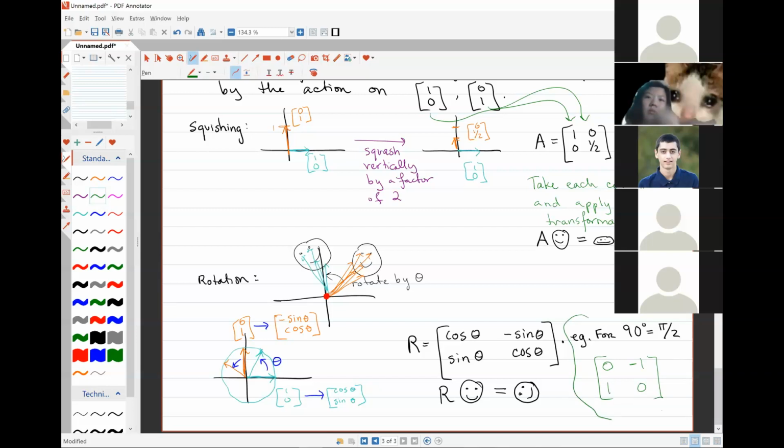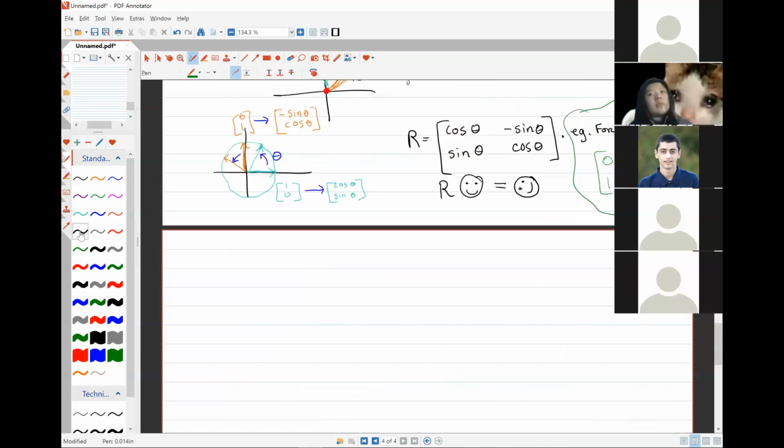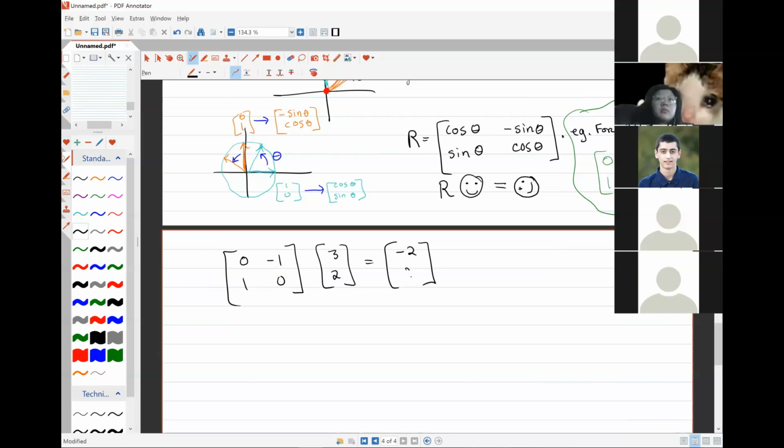All right, so if we use that matrix on a vector, we'll see that it'll rotate it by 90 degrees. So let's take this matrix 0, minus 1, 1, 0, and multiply it by, say, 3, 2. Well, if I multiply this by 3, 2, I'm going to get 0 times 3 plus minus 1 times 2, so that's negative 2. And then this will be 3.